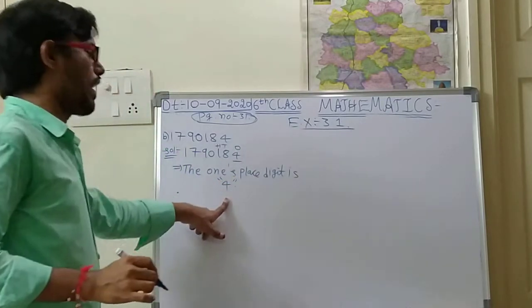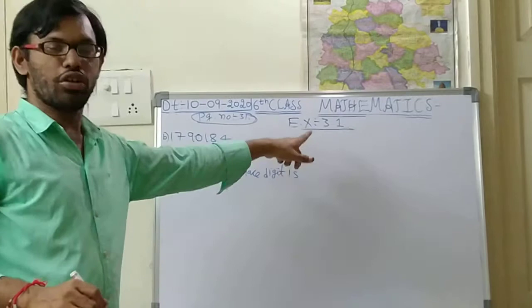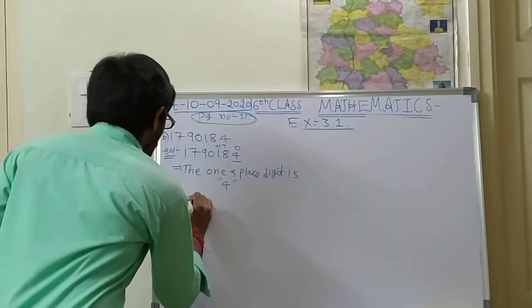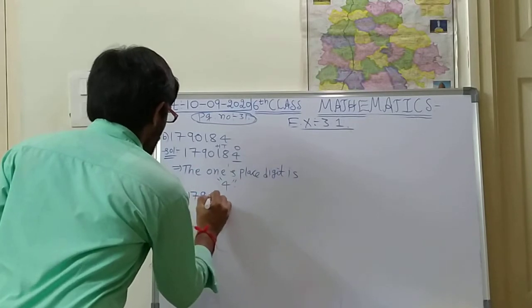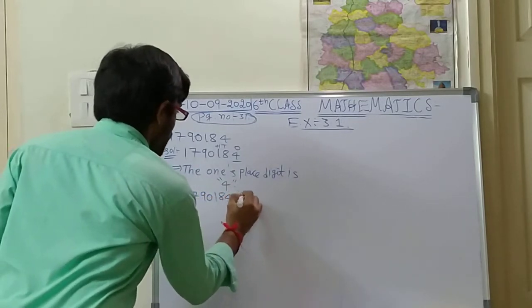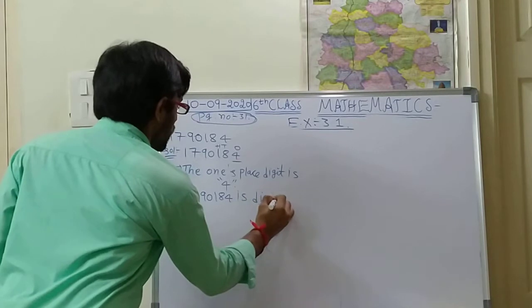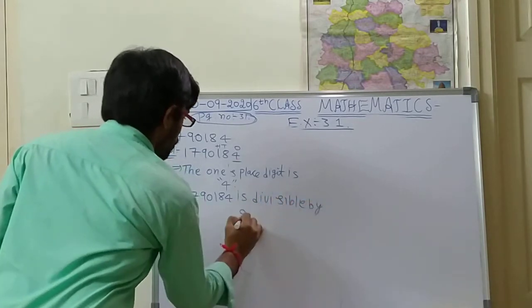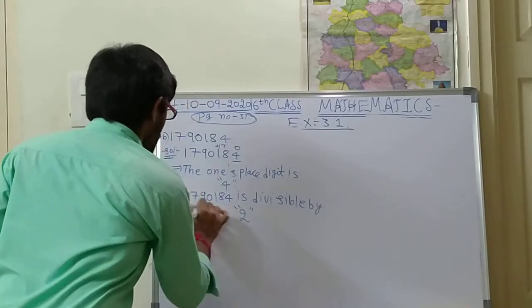So 4 is lying in the set of the divisibility rule of 2: 0, 2, 4, 6, 8. So 4 is there. Therefore 1790184 is divisible by 2.